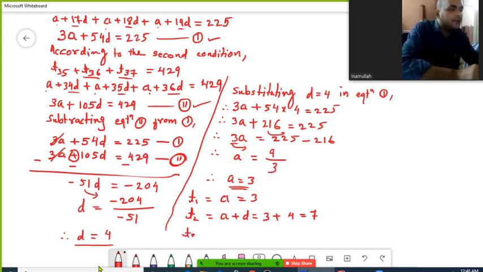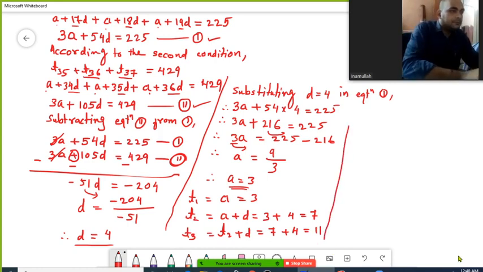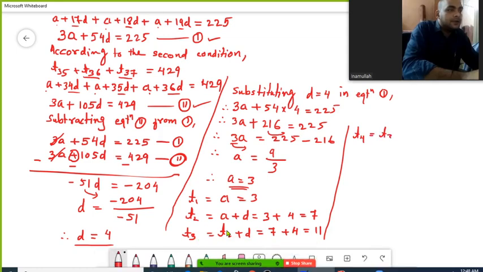In the same way, the third term is T2 plus the common difference, 7 plus 4, which is 11. The fourth term is the third term plus the common difference: 11 plus 4, which gives you 15.